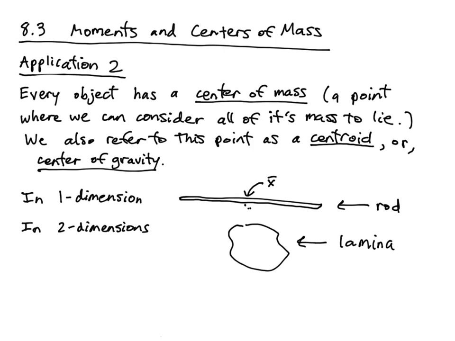Because some objects are more dense in certain places than others. The center of mass is going to be somewhere in there, and this is given as x bar, y bar. Now, in 2 dimensions also, we start to talk about the density. So, we refer to rho of x, y as the density of the object.